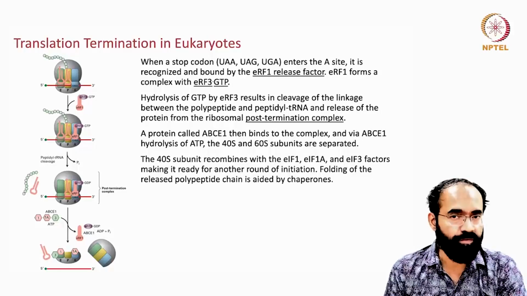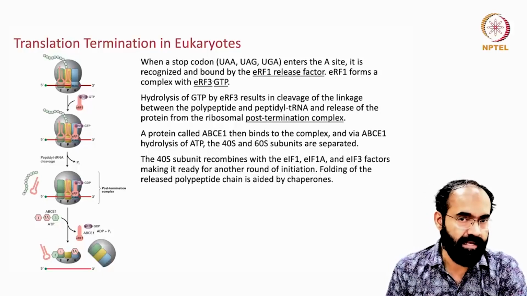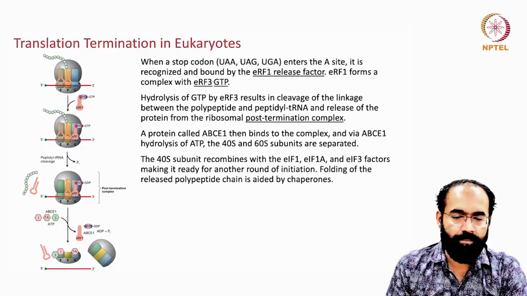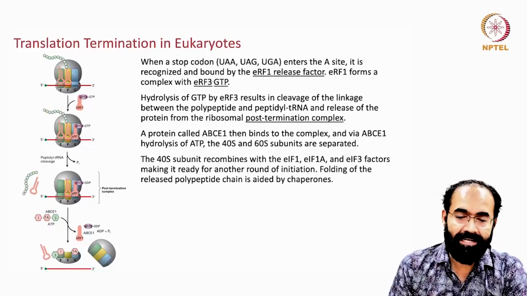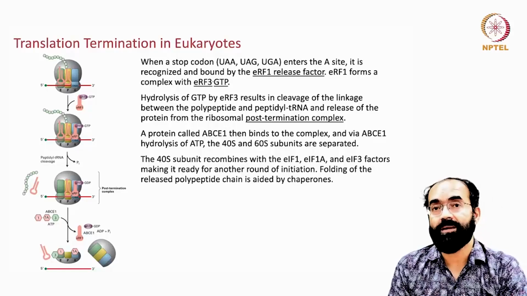This we discussed when we were talking about nonsense mediated decay, etc., when RNA stability was discussed. So the hydrolysis of GTP by eRF3 results in cleavage of the linkage between the polypeptide and peptidyl tRNA and release of the protein from the ribosomal post-termination complex.